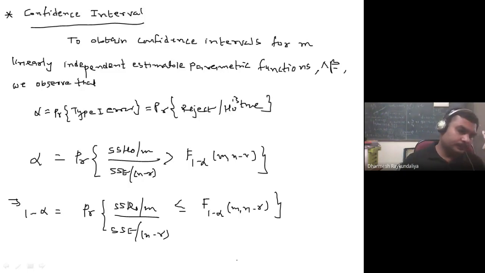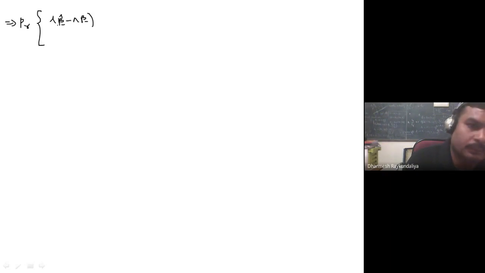Am I correct? But what is the form of SS H naught? It is, you have written, lambda beta cap minus lambda beta, because when we find the confidence interval it is under H naught. So it is lambda beta cap minus lambda beta transpose, lambda S bar lambda dash inverse.